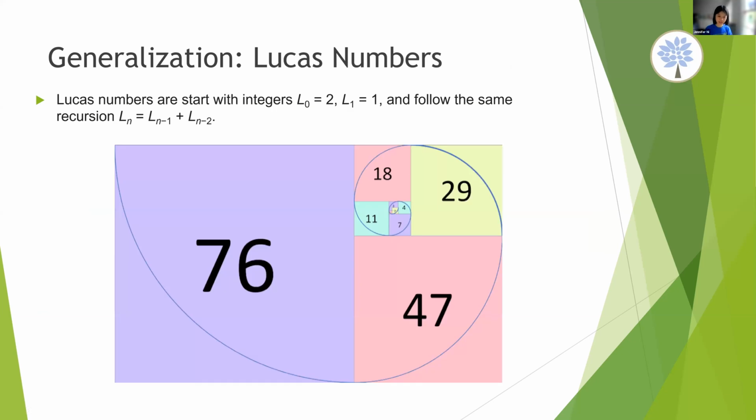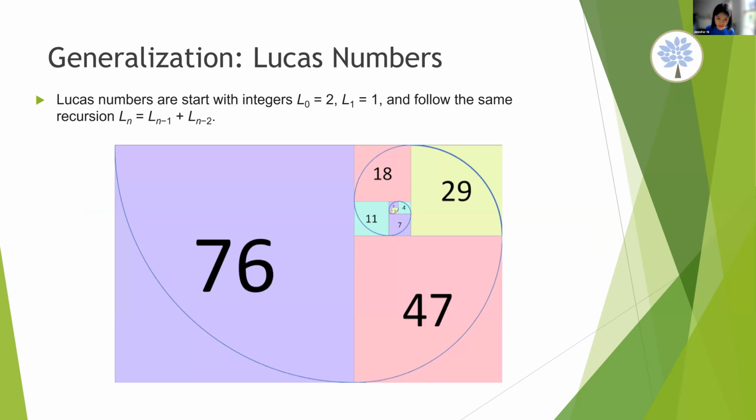Here's another sequence that follows the same rule as the Fibonacci sequence. Lucas numbers start with integers L0 equals 2 and L1 equals 1 and follow the same recursion, Ln equals Ln minus 1 plus Ln minus 2.